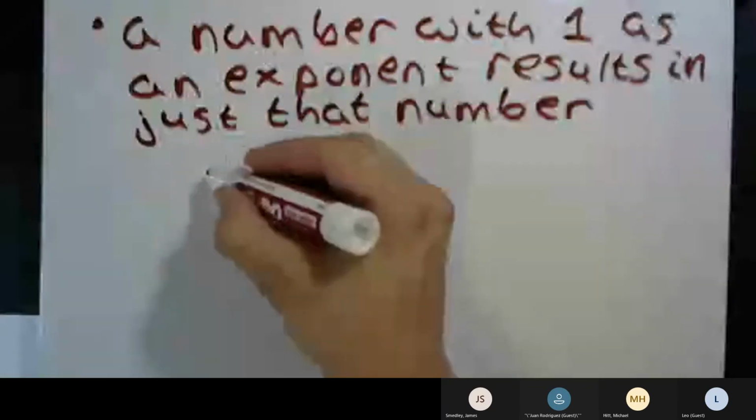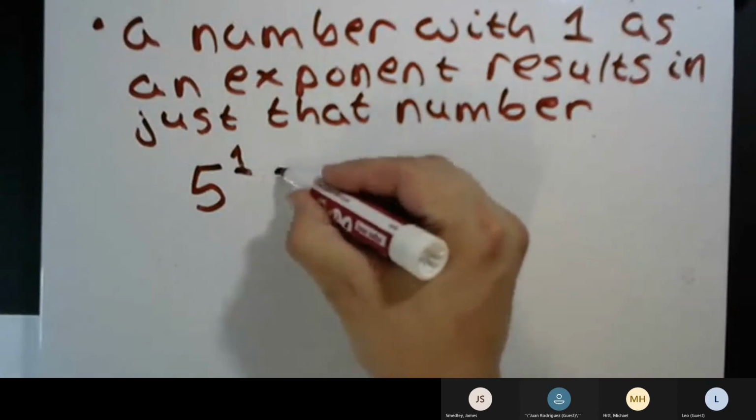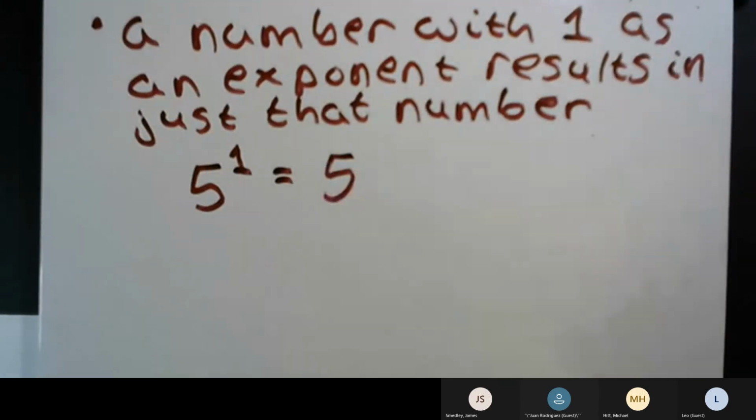So what it means is this. If we give 5 an exponent of 1, this is just equal to 5.